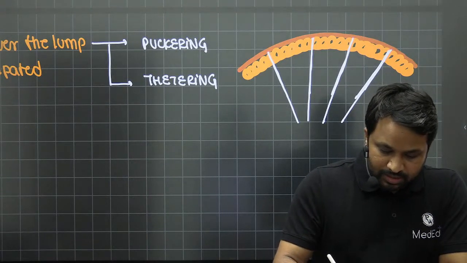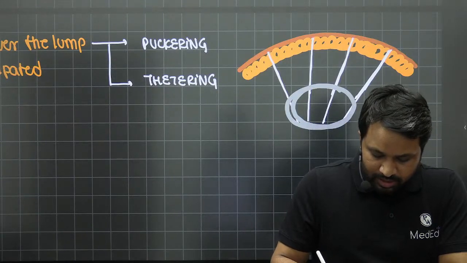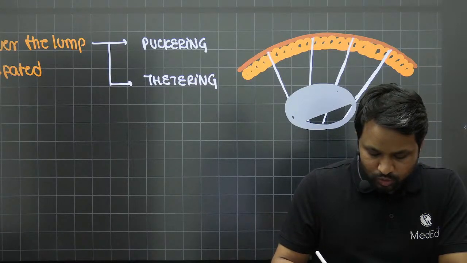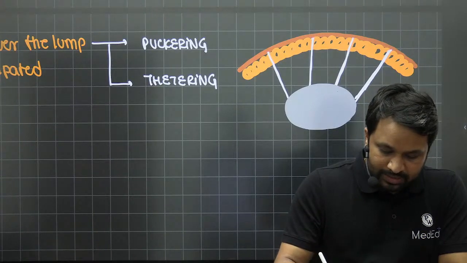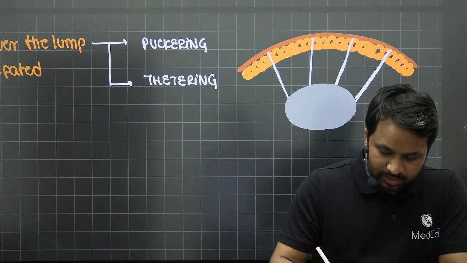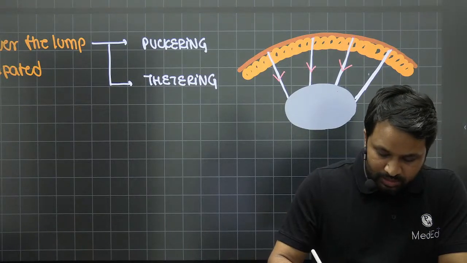Now imagine there is a lump in the breast, and that lump has become bigger, and it has infiltrated all these Cooper's ligaments. As the lump is infiltrating them, the Cooper's ligaments are going to be drawn towards the lump. So what is happening?